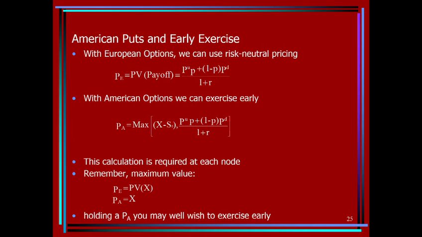Okay? Now, given that you would want to exercise that American option, so let's say now it's time t1, okay? So intrinsic value is greater than discounted value. So therefore you want to exercise, right?